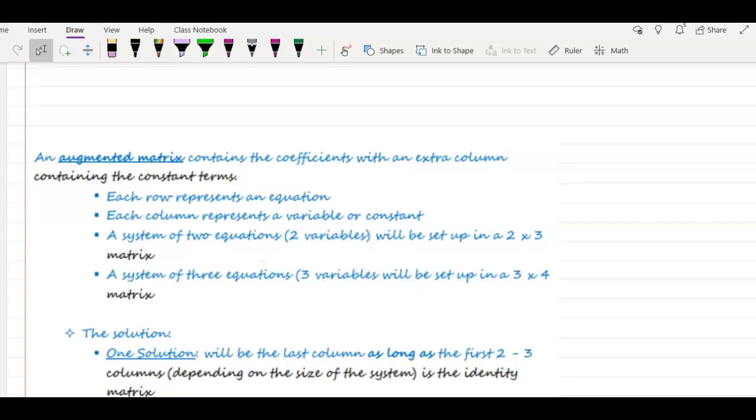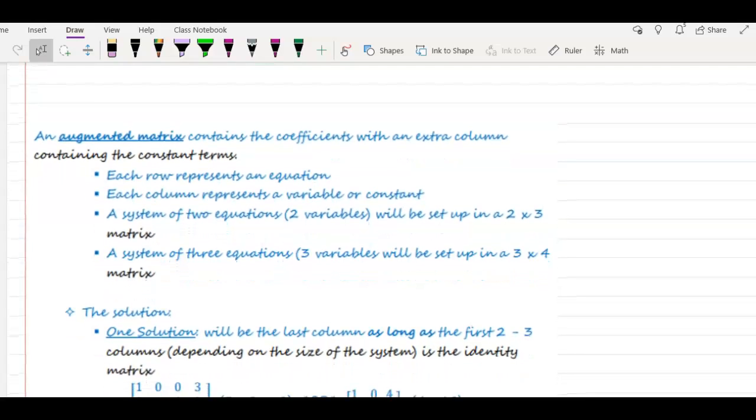All right, let's look at the last way to solve systems of equations using an augmented matrix. We haven't done much work with matrices yet, and we will in the future. We'll get to a more in-depth study of matrices in future steps. But right now, we're just going to use what's called an augmented matrix.